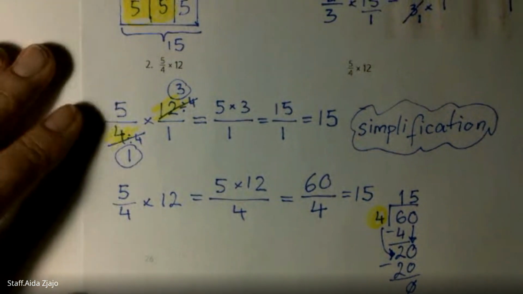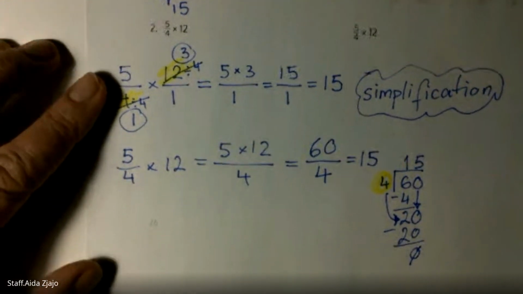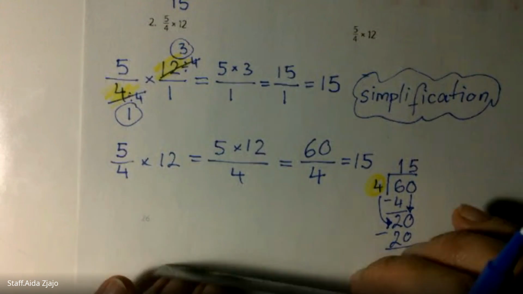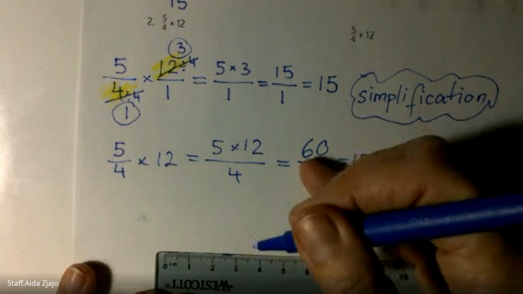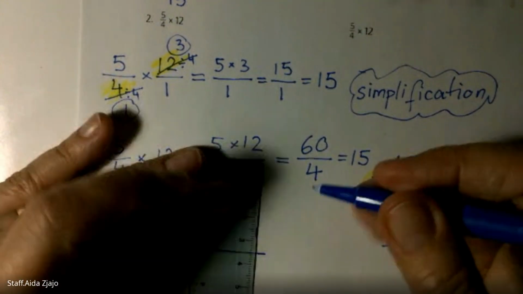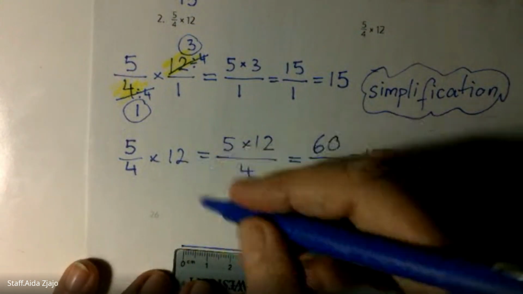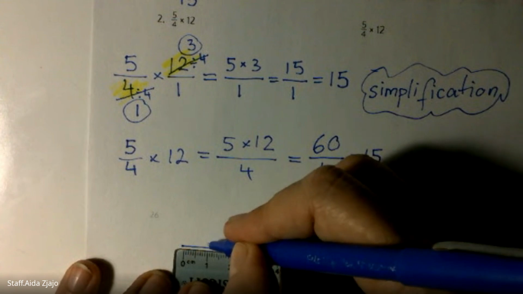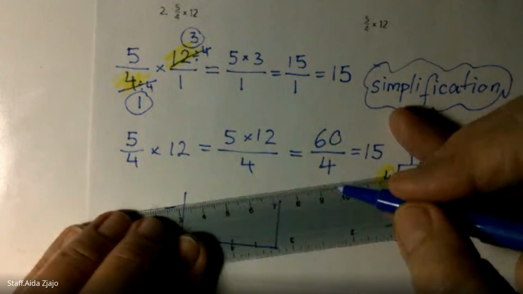Okie dokie. Another way I really like to prove our answer is, of course, to make a rectangle. The fractions are fourths, so I'm going to make 4 pieces.